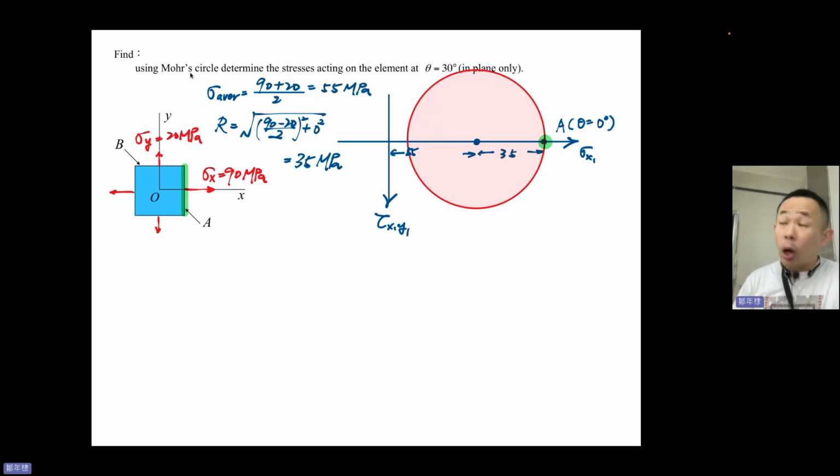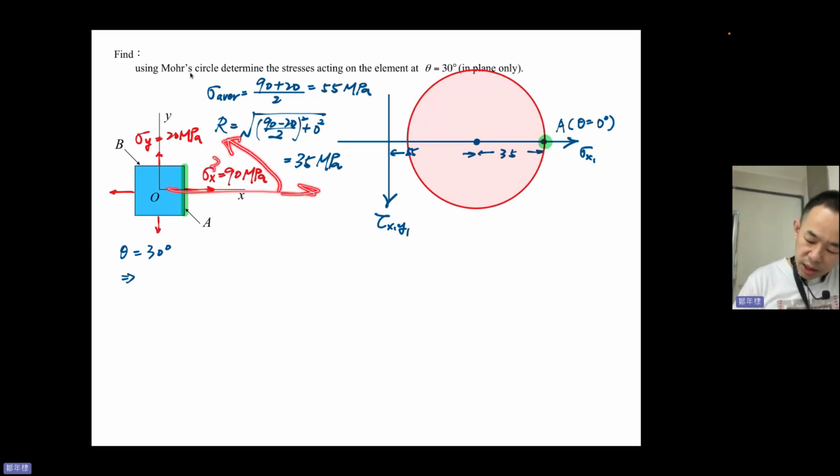Now the question is, what about the stress at theta equal to 30 degrees? And also we want to draw the stress element, right? Okay, so theta 30 degrees, how can we do that? You see, it will start from this x and go 30 degrees to get x1.